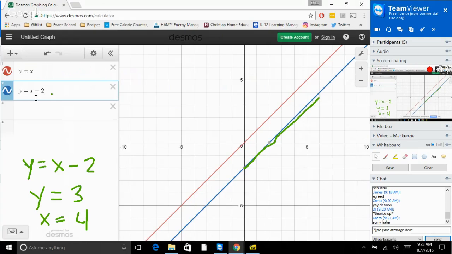Why does that work? Well, because we could also write this as y equals x plus a -2. And remember, whatever is getting added is your b, which is your y-intercept. So it's intercepting at -2.